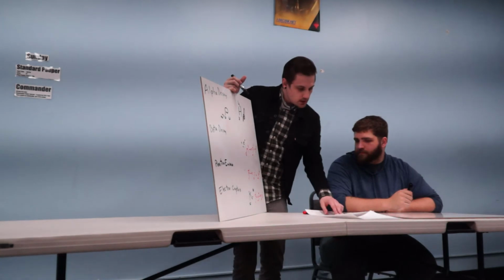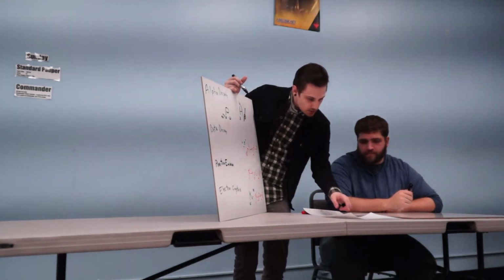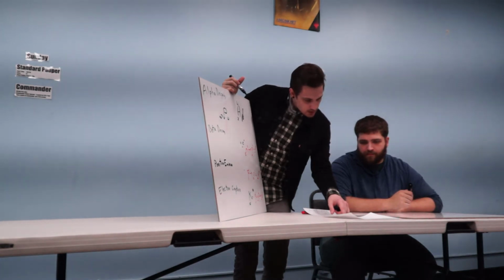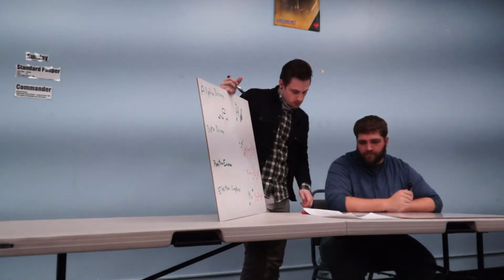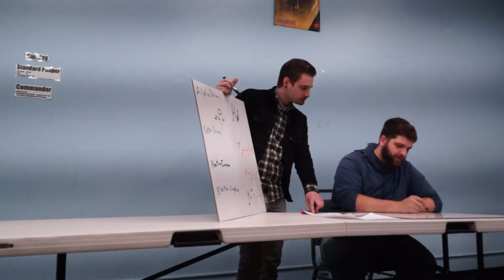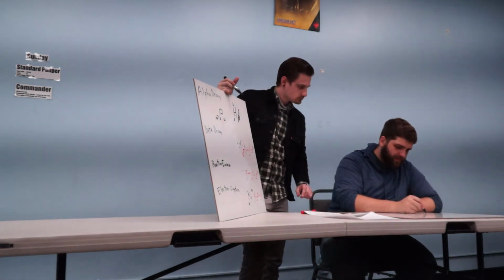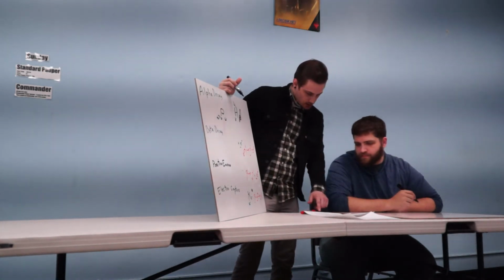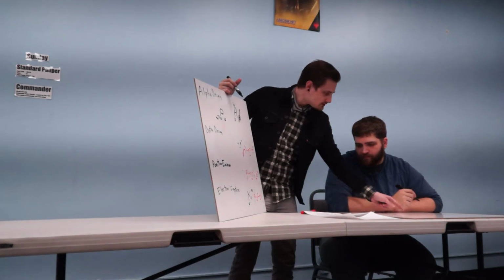So if we look at an example of a positron emission, we would have neon 19. So neon, just capital N, N. 19, and then the atomic number is 10.